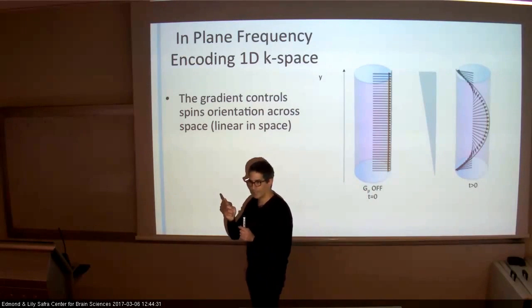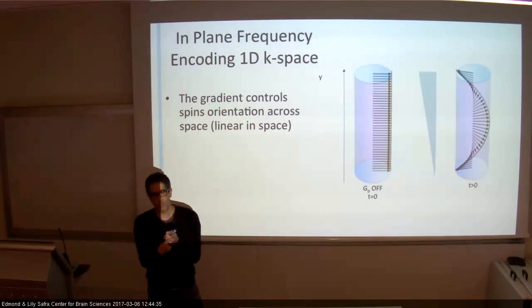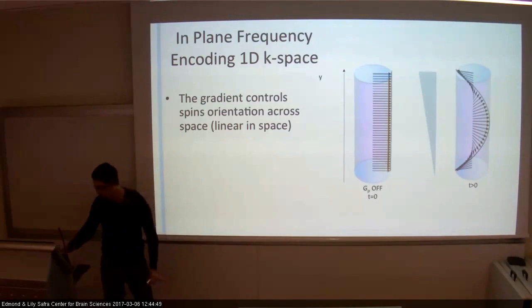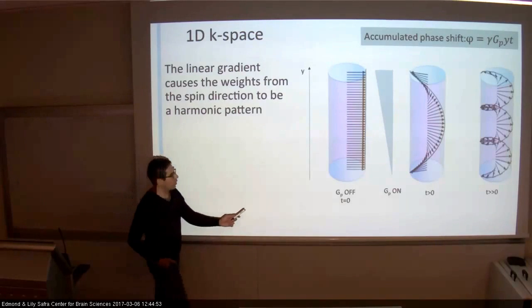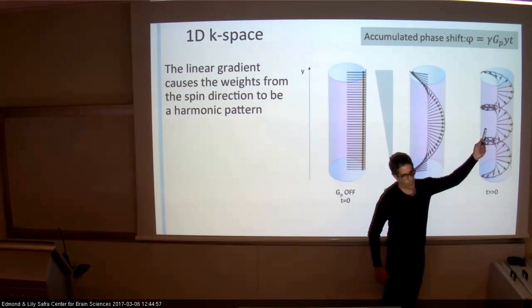Because each of them has a different Larmor frequency. So when we add them up, some were faster than the others, right? And it looked like a phase in space. And if I turn the gradient on for a longer time, I'm going to get a different frequency. It's going to be like that. So in a longer time, we're going to get a different frequency in space.